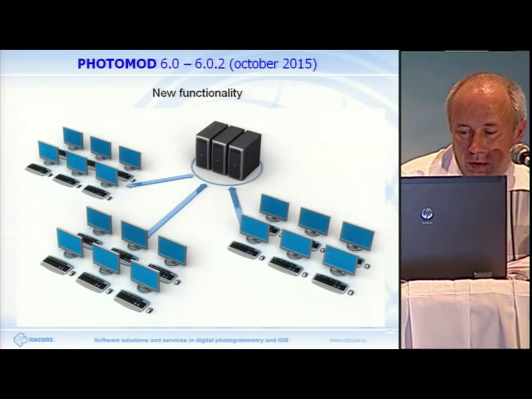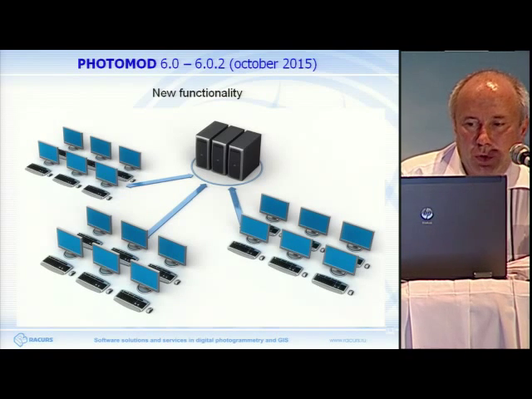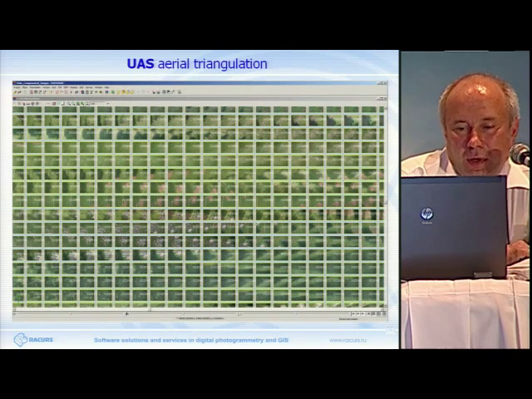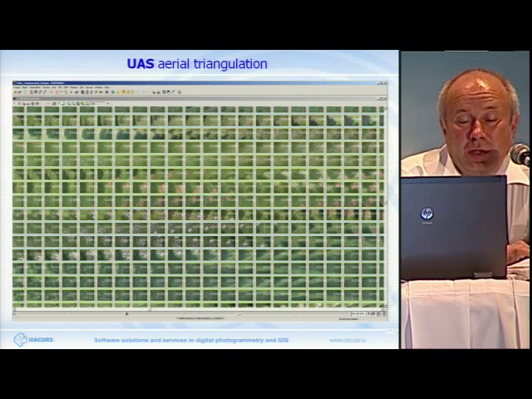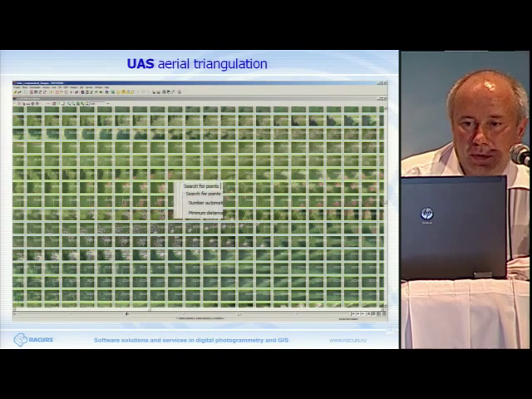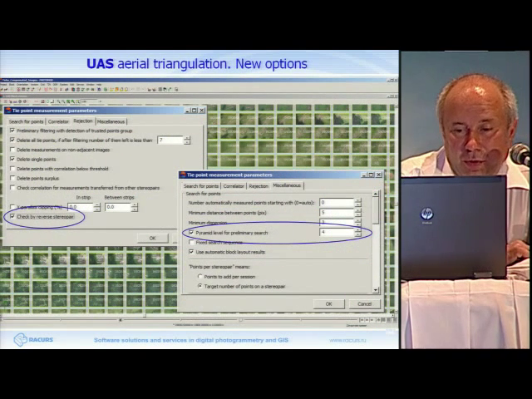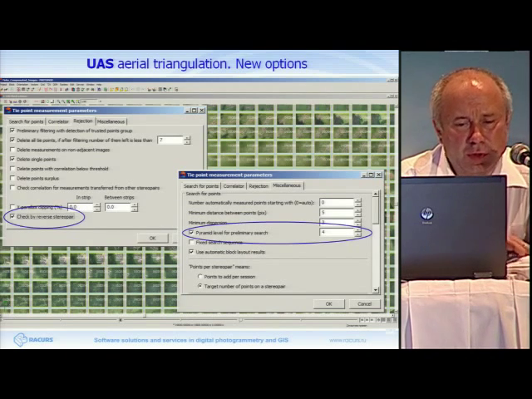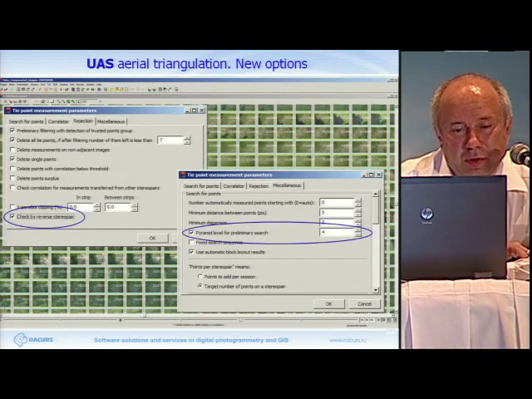Now, what are the changes? These are the changes over the year, and they relate to UAS image processing. We now have these options. They're interesting to those who know their way around PHOTOMOD.